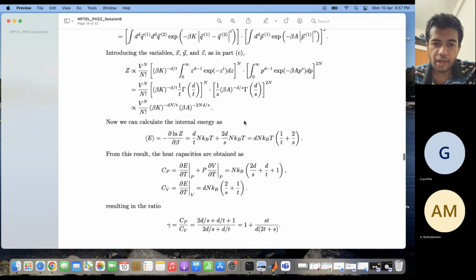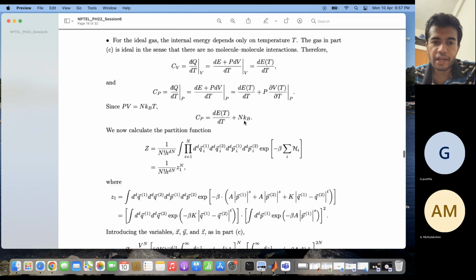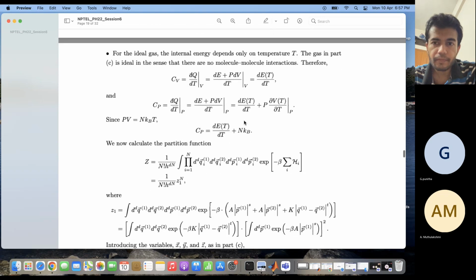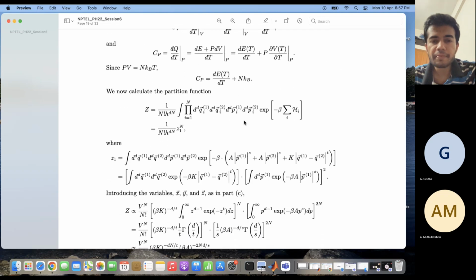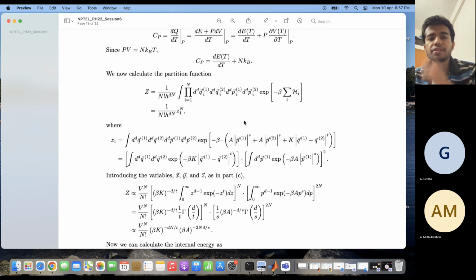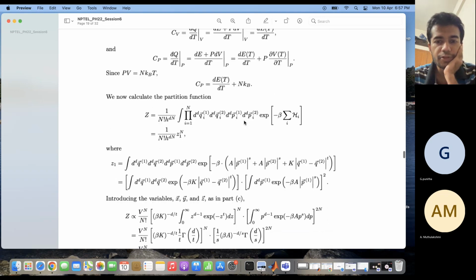Now this is all for an ideal gas. So how do we calculate Cp and Cv for this type of gas? We look at the partition function for that.